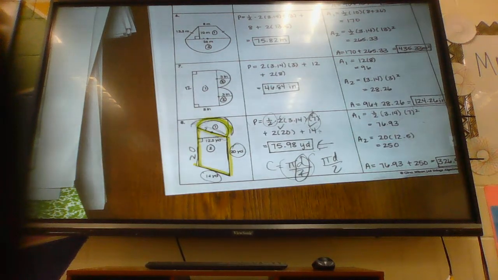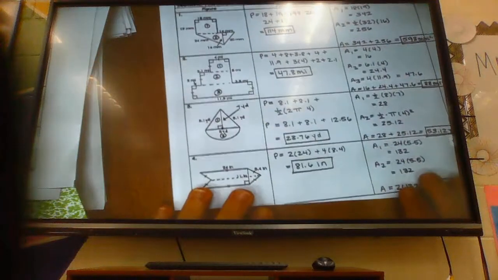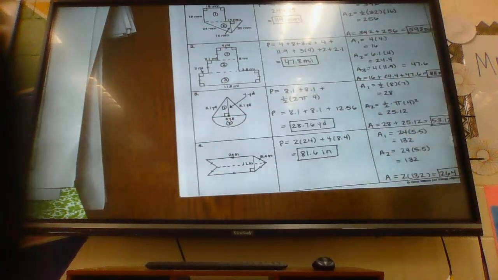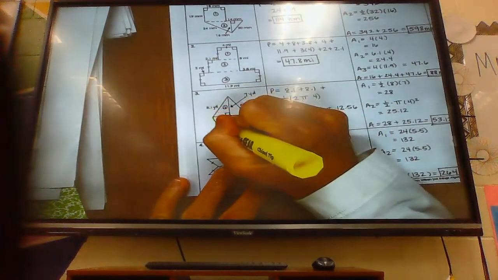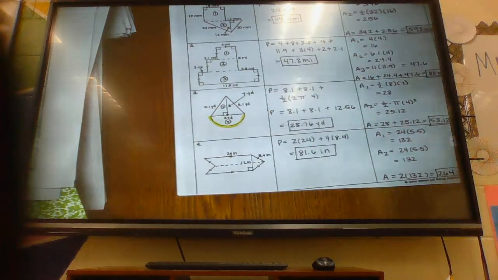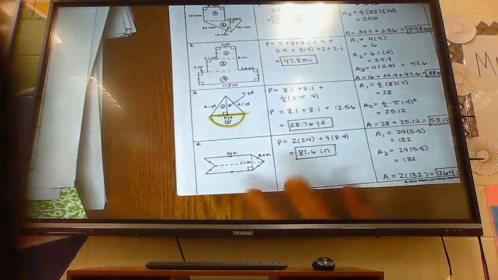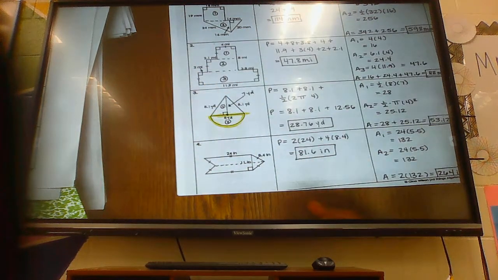Okay, any more questions over the homework? Yes, Tara. Number 3. Okay, so again, to find perimeter, I need the circumference of my semicircle, right? But I'm not gonna put in plus d, right?